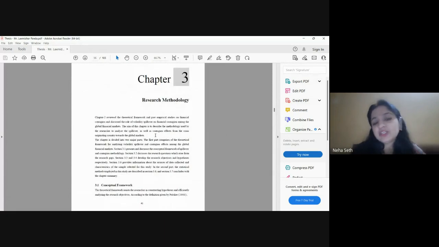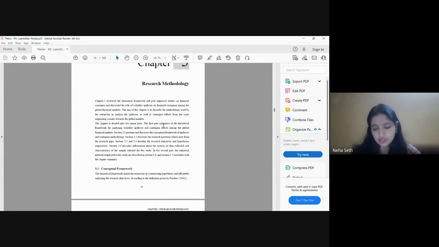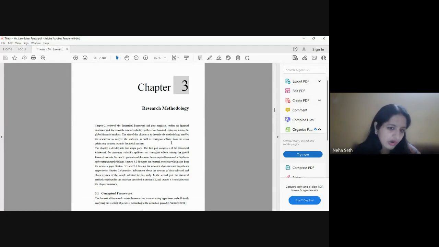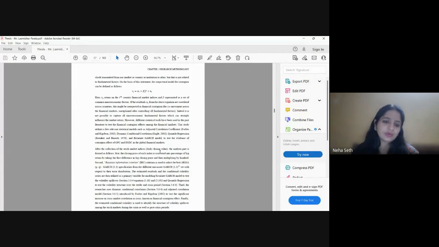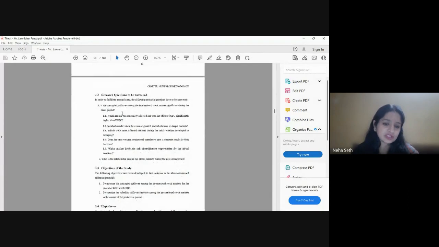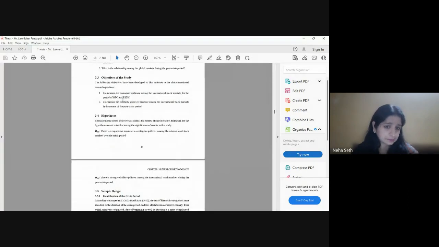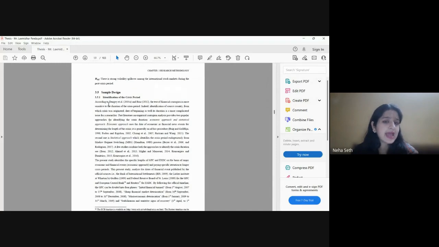Now, the third chapter talks about the research methodology. As I mentioned while showing you the PPTs, this chapter gives the conceptual framework of what we have done and how we are going to do it. Okay, what we need to do and how we are going to do it. So this chapter talks about the research questions, the objectives, the hypotheses, and what our design and our data would be.